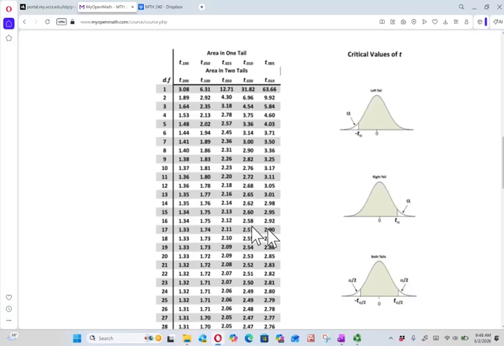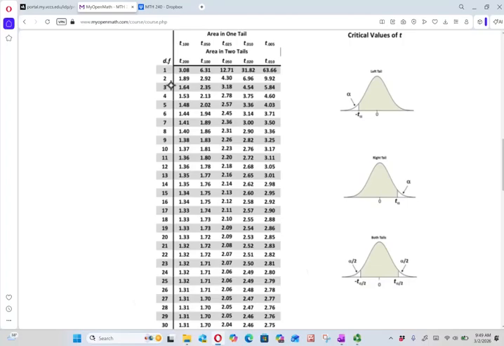So here, this is a T table. And we have a different multiplier for every sample size. So that as you go down on this left column with degrees of freedom, this is n-1, and we have different tails cut off because we don't have a nice, clean, standard normal distribution anymore.